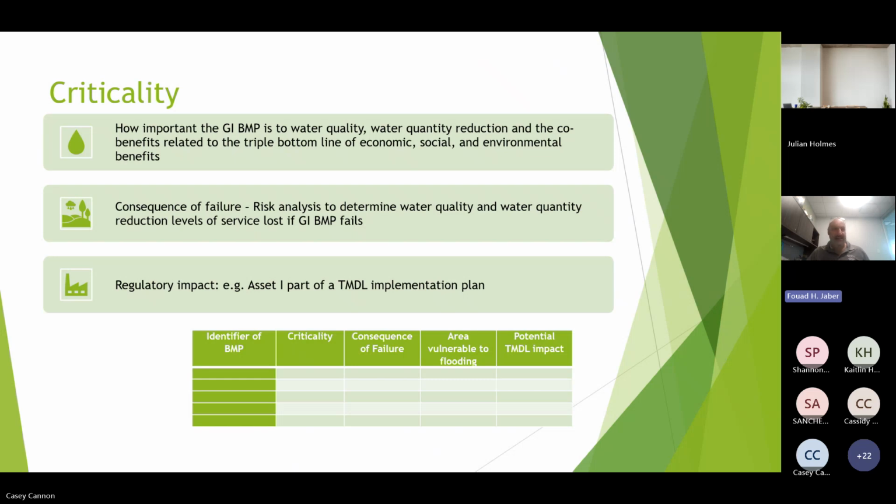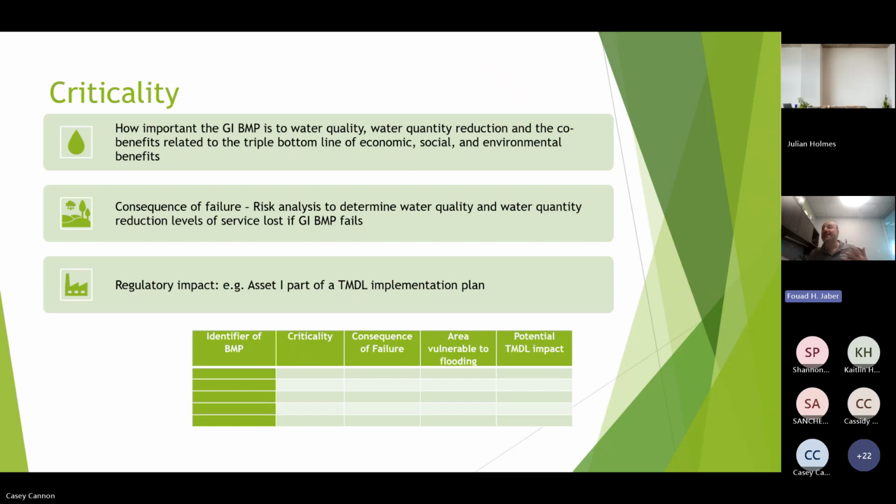Other things that we also mentioned is that some of these were built with grants as a response to a TMDL or a watershed protection plan. These were funded as an implementation of watershed protection.